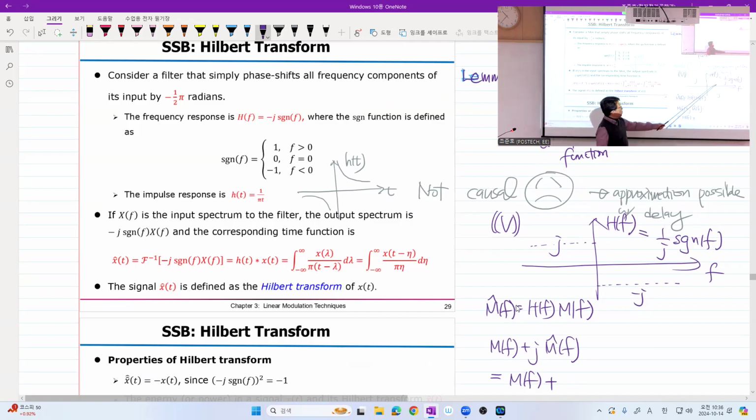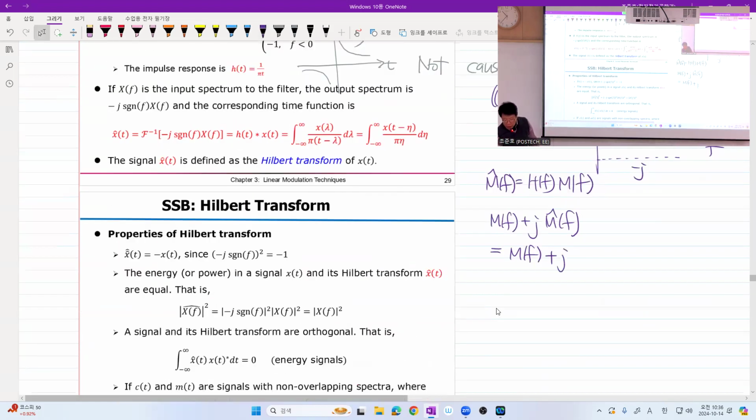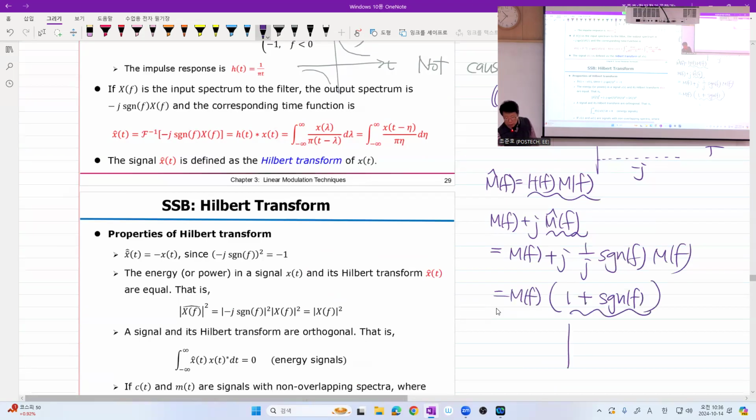But anyway, what happens? Here, we have j times 1 over j, signum of f, and M of f. So you can factor M of f out, and then what do you have? 1 plus signum of f. What is this one?